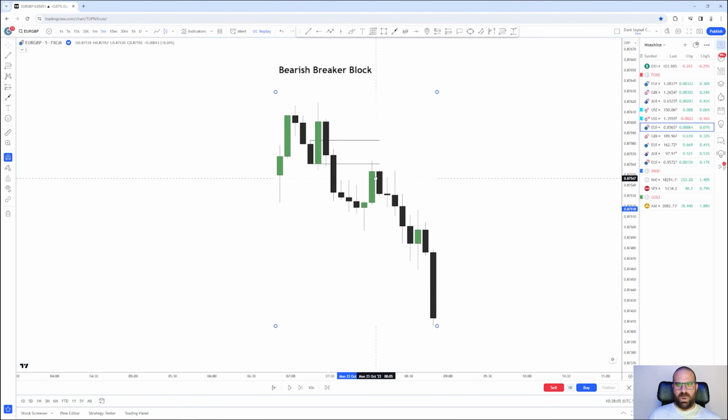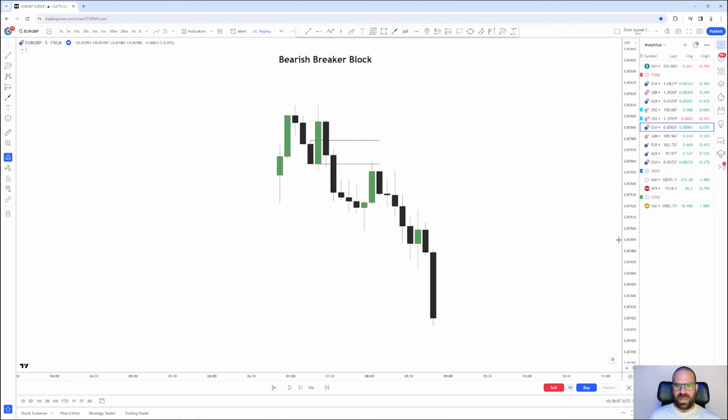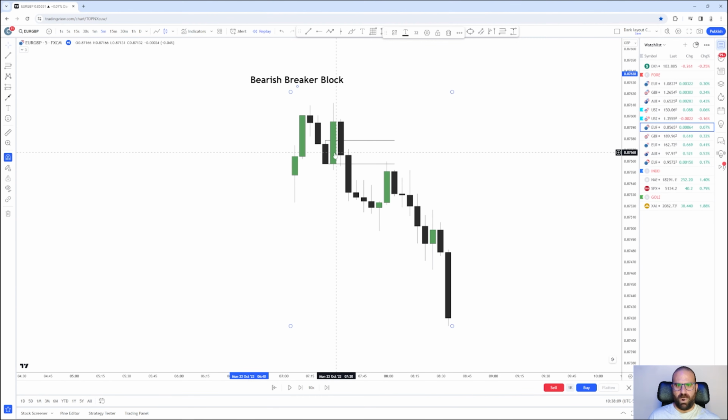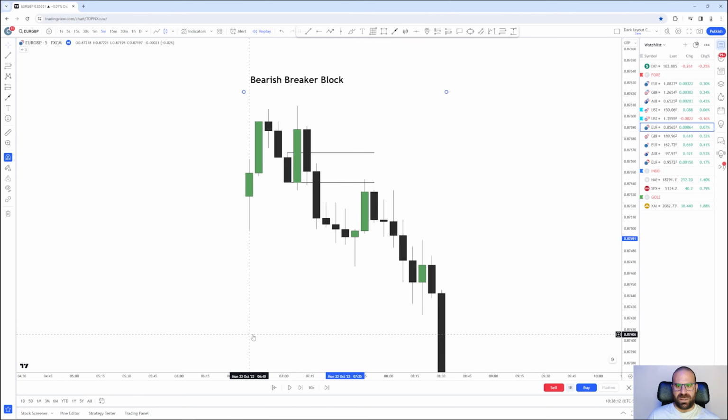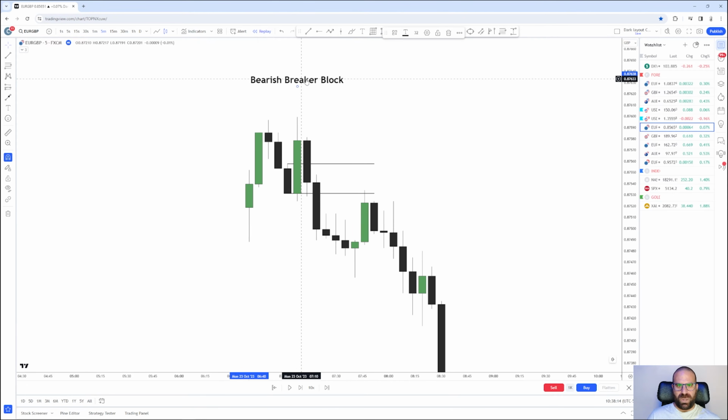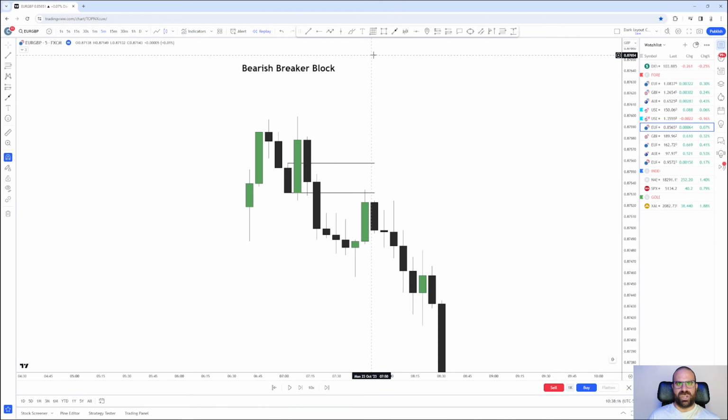What you want to see for the bearish breaker block is a move towards the upside, a retracement. Let's say you have a high, you have a low, then a high which sweeps the liquidity of this previous high, and then you are making a low which is breaking below this low right here.